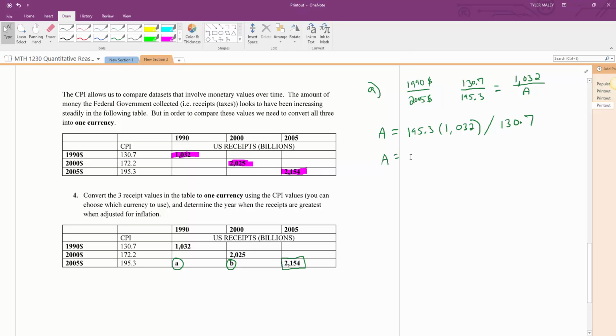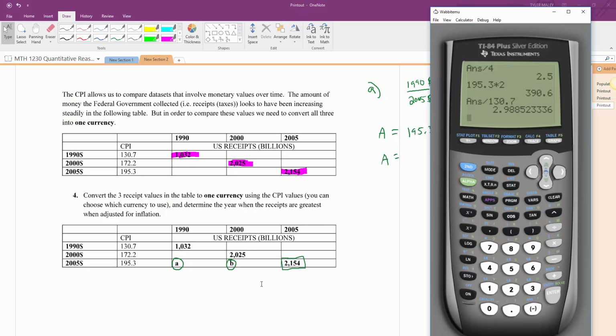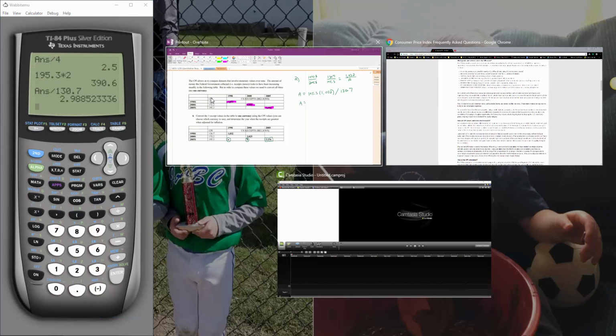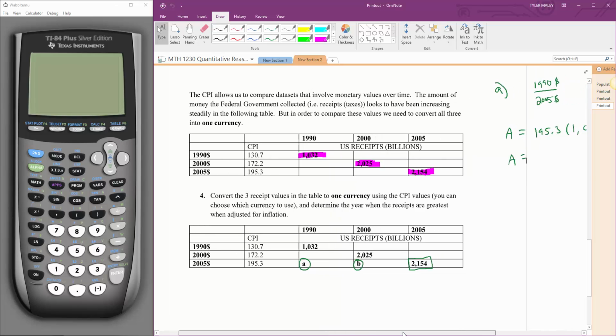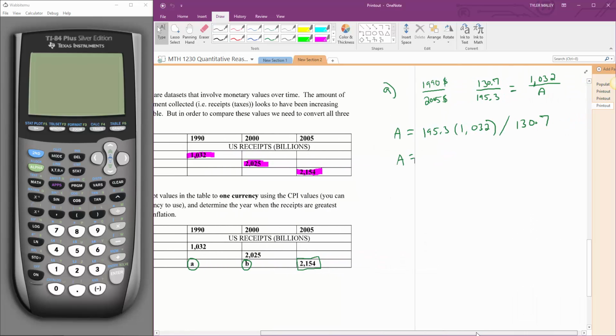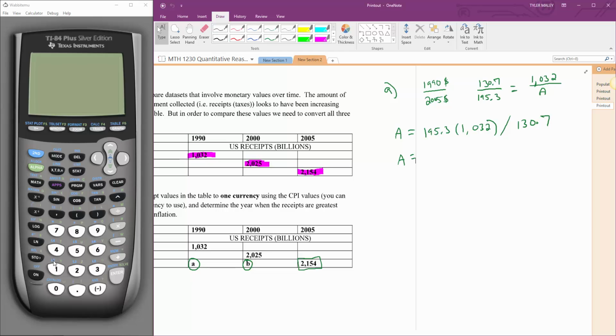So if we do this, we need to take 195.3 times 1,032 and then divide that by 130.7.